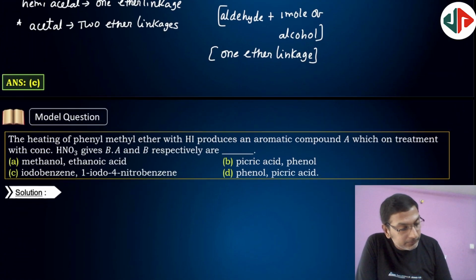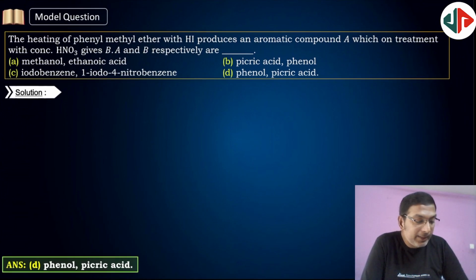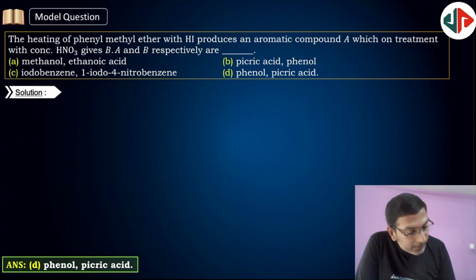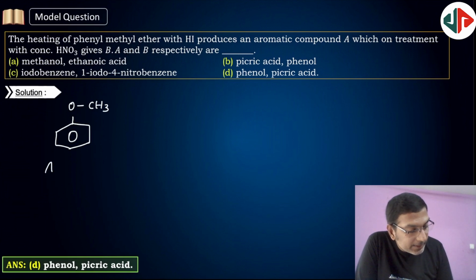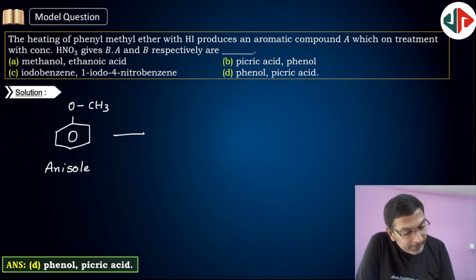Next. The heating of phenyl methyl ether with HI. Phenyl methyl ether, which is known as anisole or methoxybenzene, with HI.